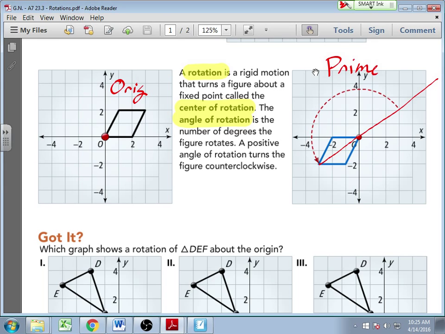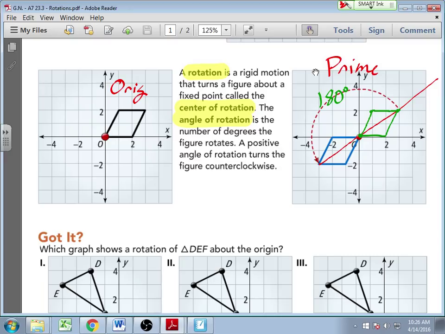So you can go ahead and draw your original on here. So if I draw my original, it was here to here to here to here. And then we applied a 180 degree rotation. What direction did we go? Clockwise or counterclockwise? Counterclockwise. Is that a positive or a negative rotation?